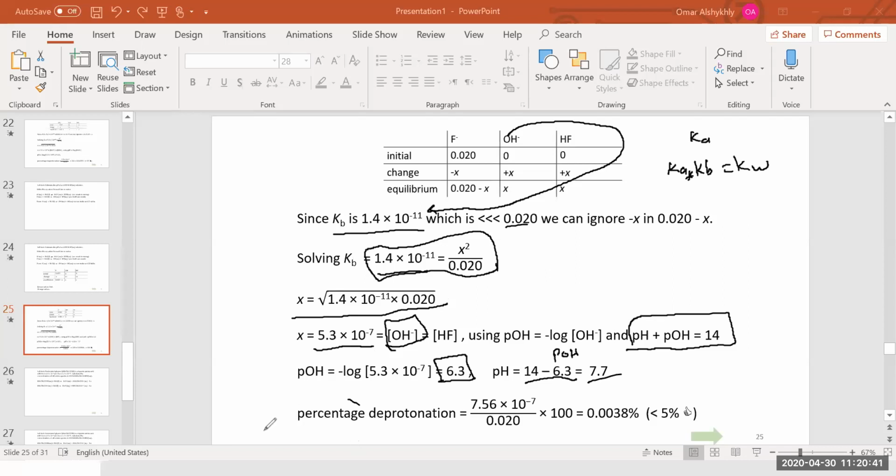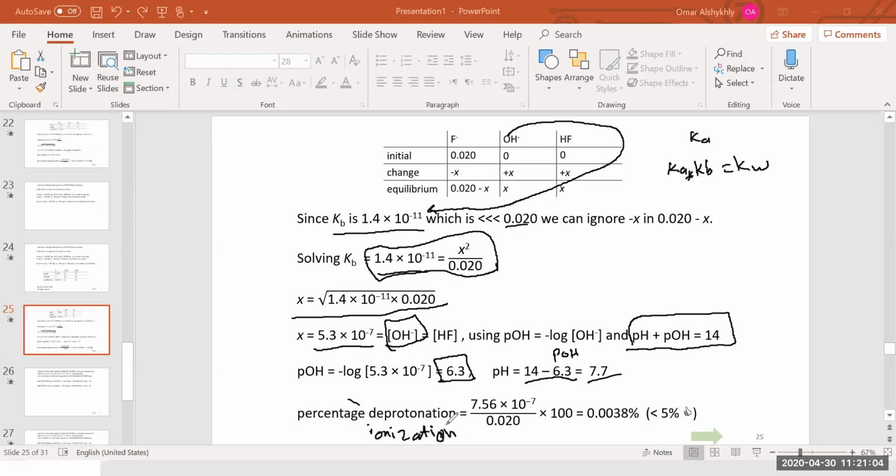Now, just to check our approximation, we calculate the percentage of ionization or deprotonation. Sometimes we call it percentage ionization, or percentage deprotonation.